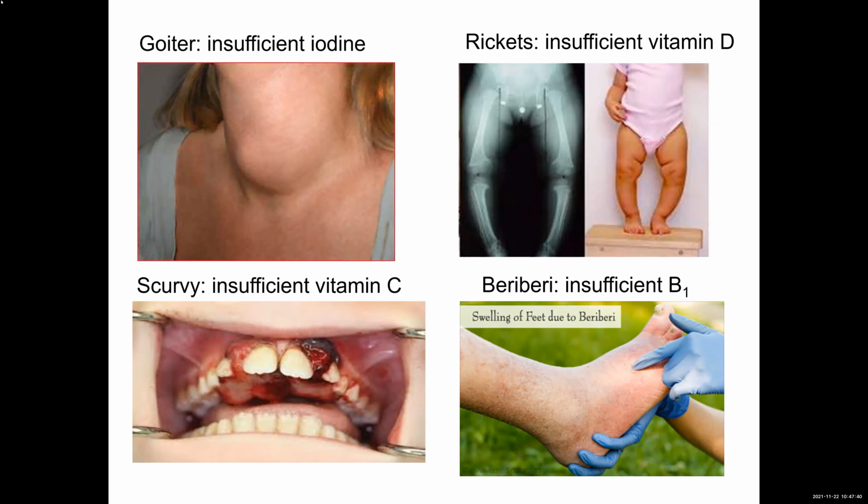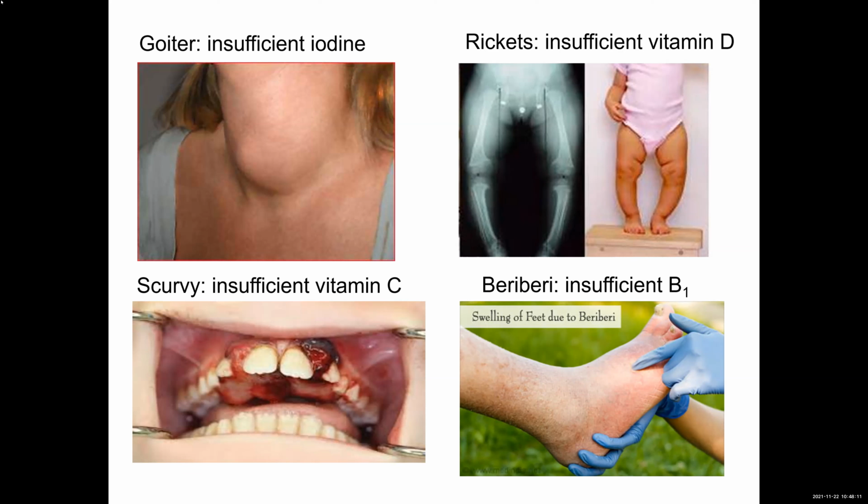Rickets occurs in children who have insufficient vitamin D when they're growing, and it causes weakness of the skeleton in the legs and bending of the legs as a result. We are capable of making vitamin D if we get exposed to sufficient sunlight. And we also get it in a variety of foods.